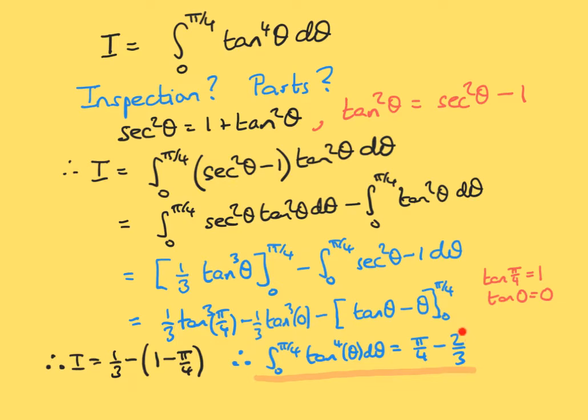So if we've got that right, this combination must be positive. Pi over 4 is a little bit more than 3/4. 3/4 is more than 2/3. So we immediately see that this is positive, as we would expect.